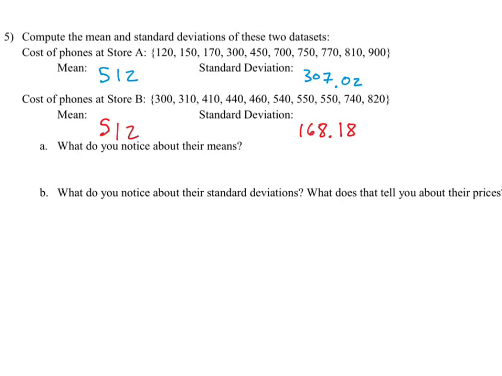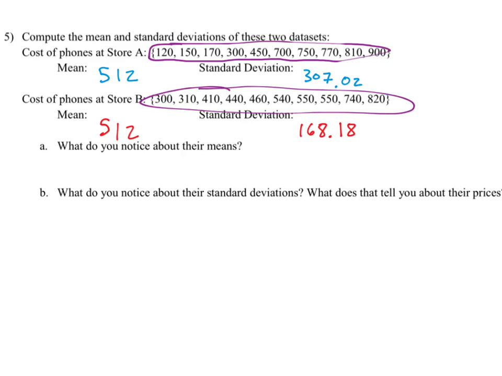I wanted to pick this one just to show you what standard deviation does and what it measures. If we look at these numbers and compare these data sets a little bit, this first one goes all the way from 120 to 90. So it's got a group of lower ones and a group of higher ones.